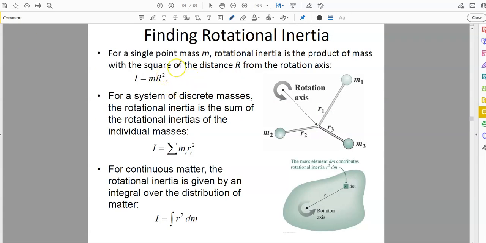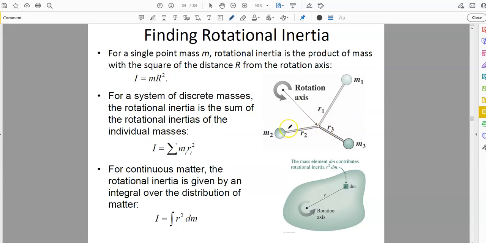Later on, we're going to get into how to find rotational inertia and integrate it for different shaped objects, right? But in the end, you can add up the moment of inertias for different objects, right? So the moment of inertia for a point mass is just that point mass times its distance squared to the pivot point or the rotational axis, right?